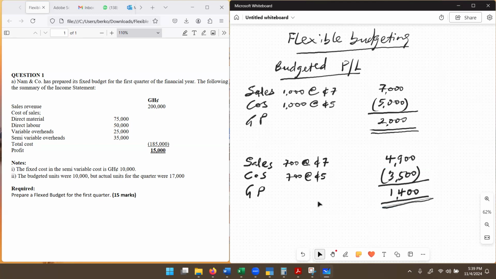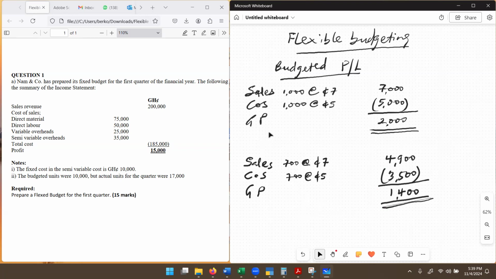Now we want to do this in order to bring about fair comparison. Anytime we have our budget, we will have to compare with actual to identify variances and work on the variances. So assuming as an organization, we plan to produce and sell 1 million units, and maybe there was a machine breakdown. So we were able to produce and sell maybe 200,000 units. Look at the gap.